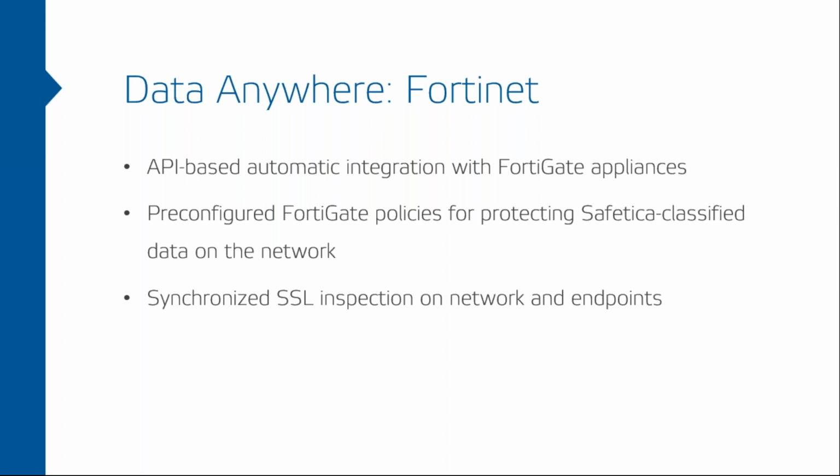These files can then be recognized by FortiGate appliances. And since Safetica pre-configures the appliance to recognize this and respond to it, you are able to either get an audit of these classified data flying through the network, or you can even go ahead and start protecting them.